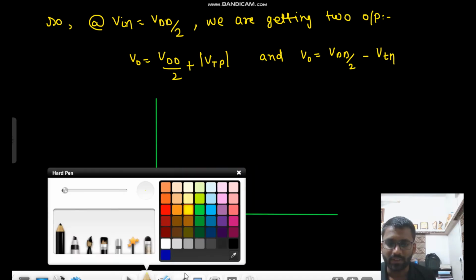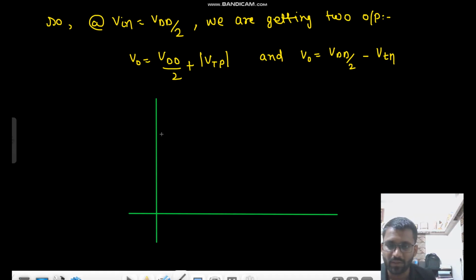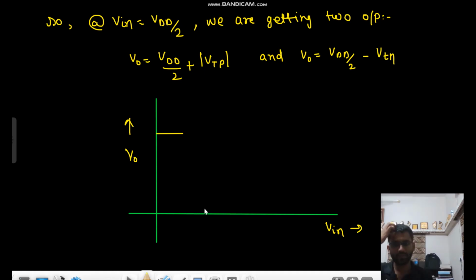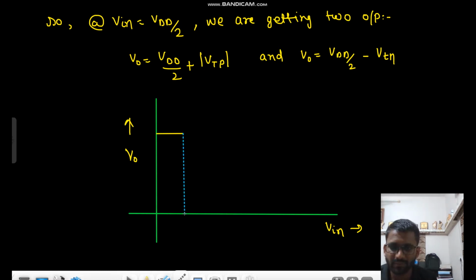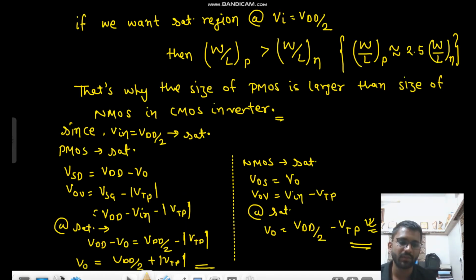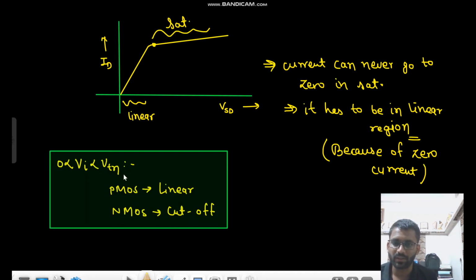So how did it start? Initially V out was at VDD, right? Talking about V out versus V in, till this point, this was VT. Did we discuss the value of V naught here?